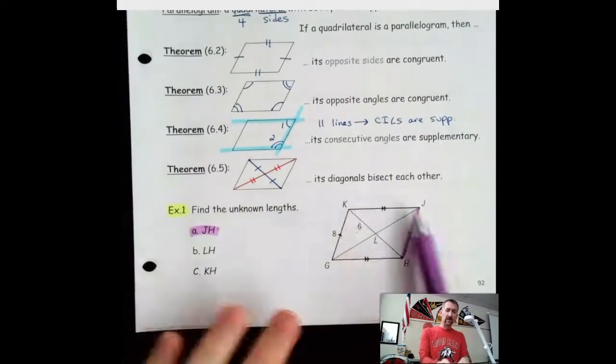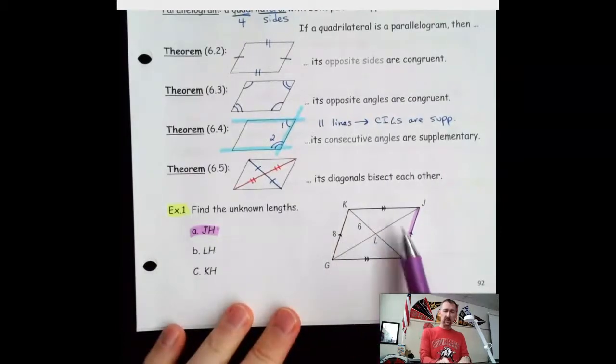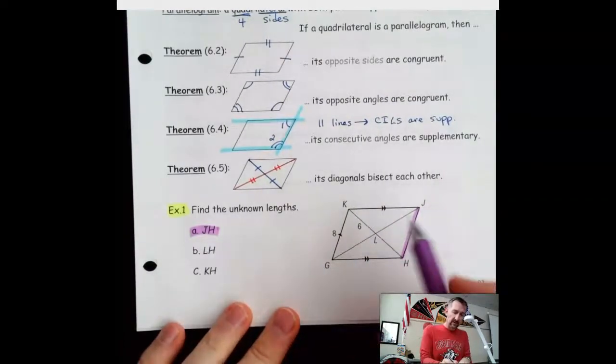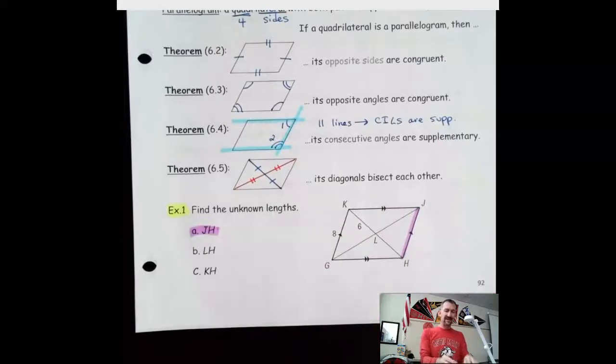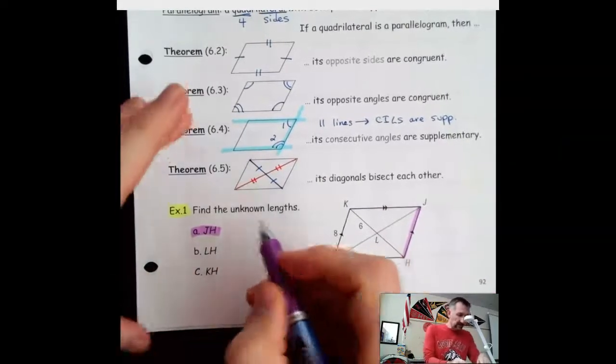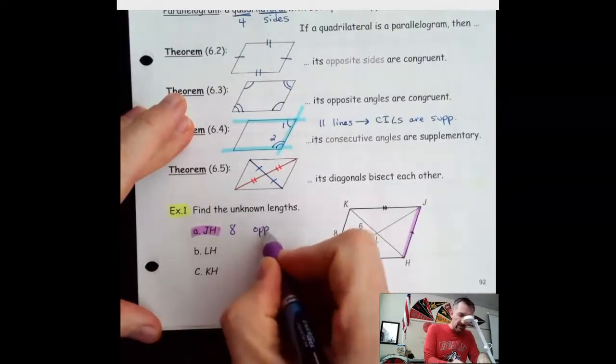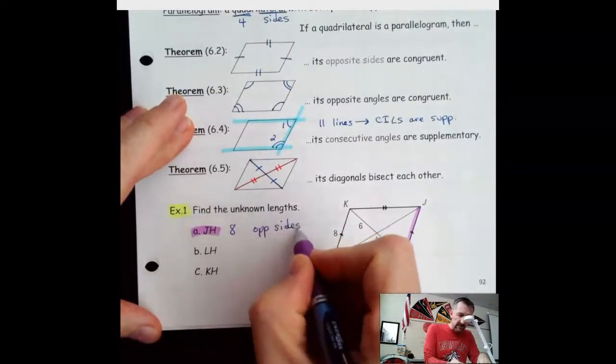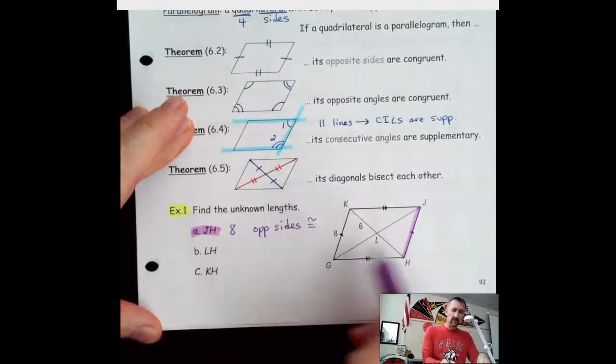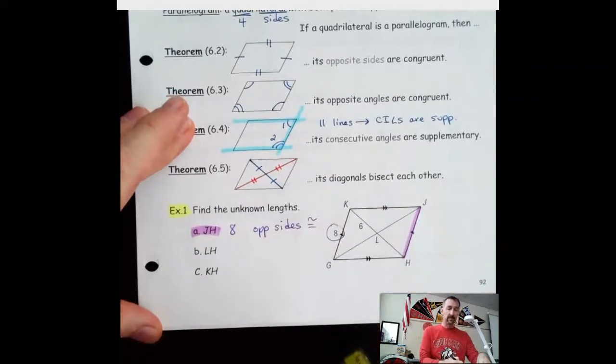We can see that it's a parallelogram because of these markings. These two sides are parallel, those two sides are parallel. So one of the properties of parallelograms is that opposite sides are congruent. So we just say, how do we know that? Because opposite sides are congruent. So we knew that that was going to be 8.